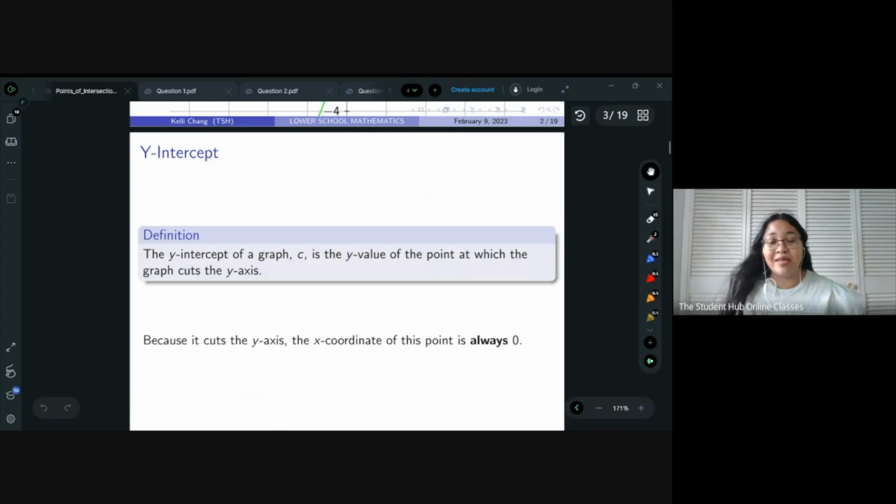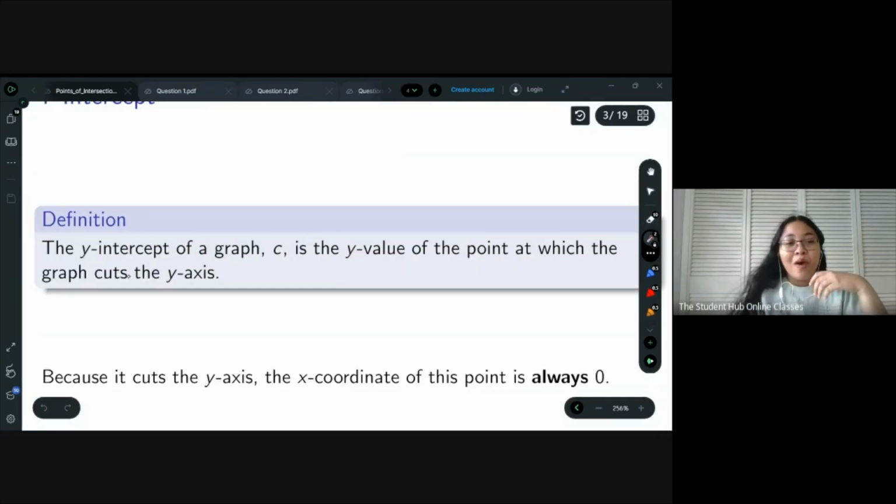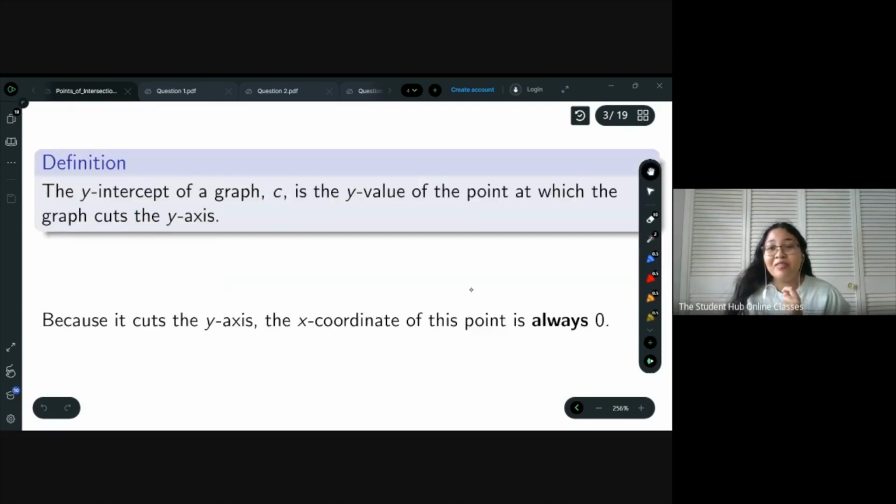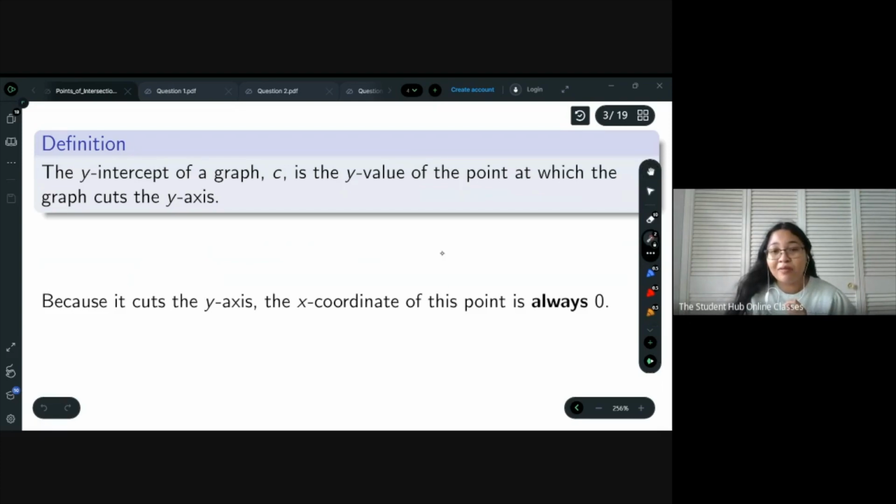So you're going to move on to the y-intercept. So what is it? Because I made you all find it for certain questions. So the y-intercept of a graph, right, denoted by c, once we have y is equal to mx plus c, it's the y value of the point where the graph is going to cut the y-axis. Now, if you can remember, any point along the y-axis is going to have an x-coordinate of 0.